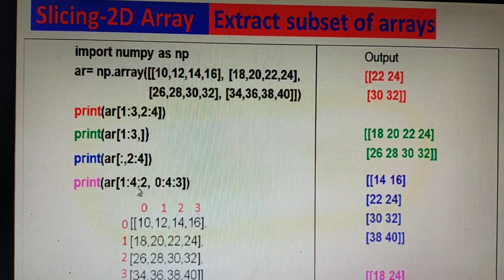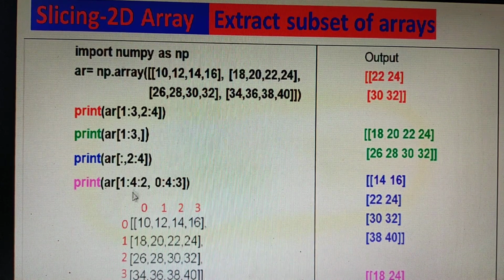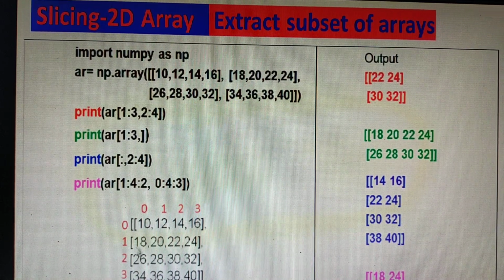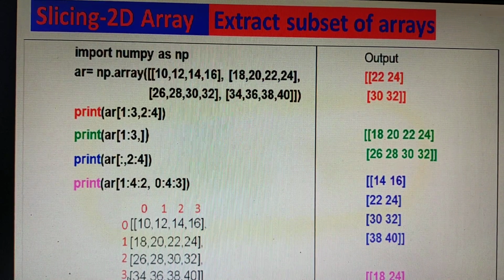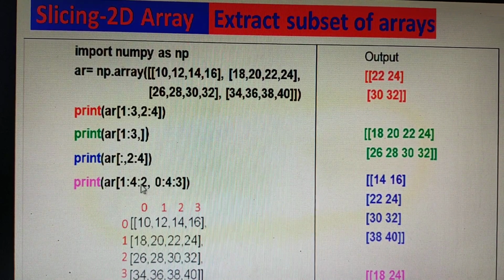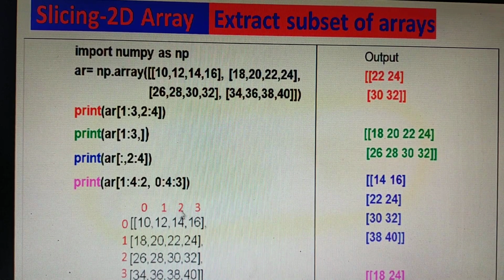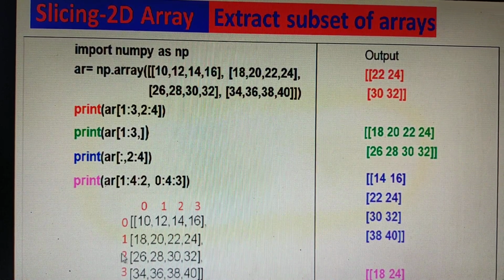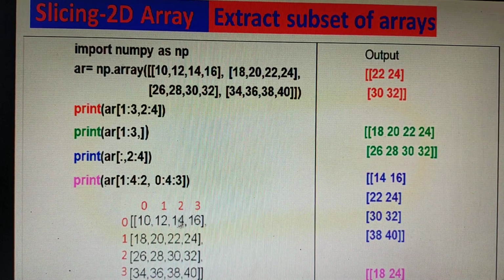Here 1 colon 4 means 1, 2, 3; the last will be excluded, so rows 1, 2, 3 will be included. Step 2 means after 1 it will display 3; 1 will be skipped. And 0 to 4 has step 3. Here step 2 is given, so 1 will be skipped. Here step 3 is given, so 2 will be skipped.